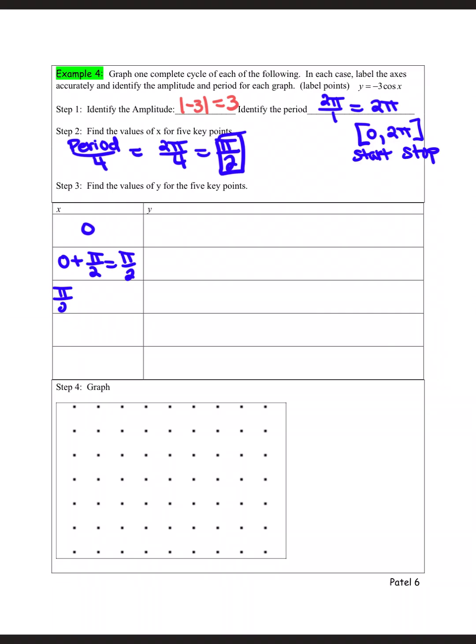Pi over 2 plus pi over 2 is 2 pi over 2. 2 pi over 2 plus pi over 2 is 3 pi over 2. And then 3 pi over 2 plus pi over 2 is 4 pi over 2, and then I'll simplify.